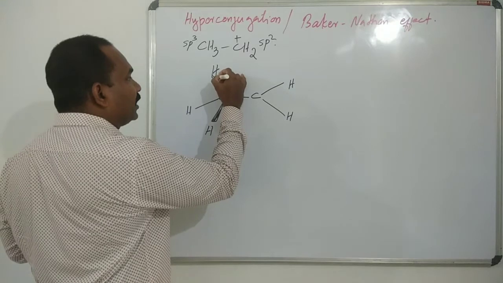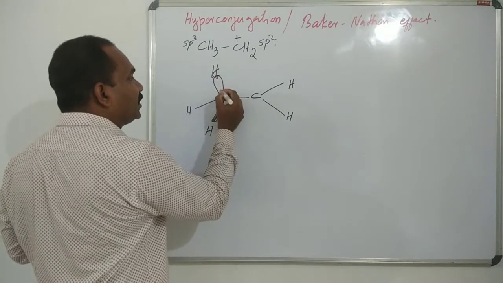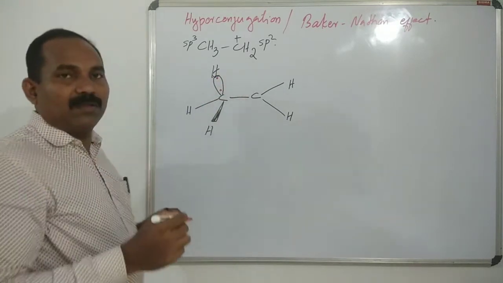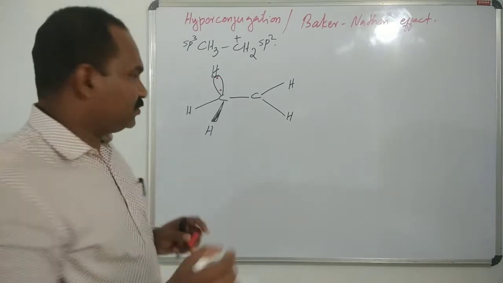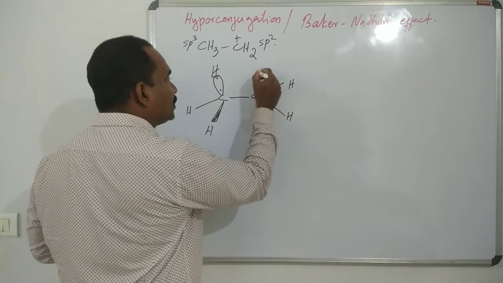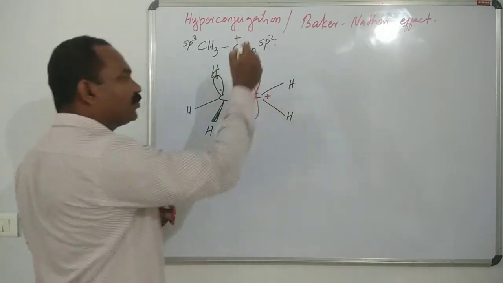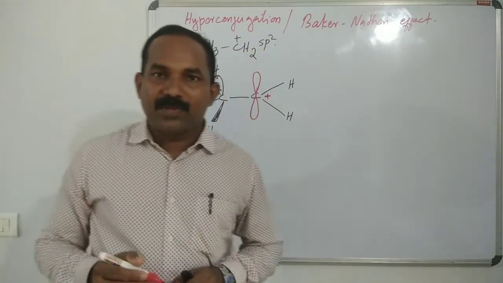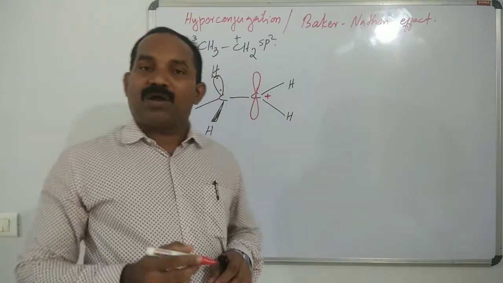This orbital contains two electrons, one electron from the hydrogen, one electron from the carbon atom. And this positive carbon contains an unshared p orbital, an empty p orbital.